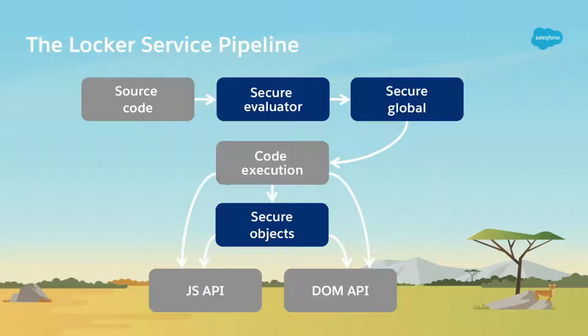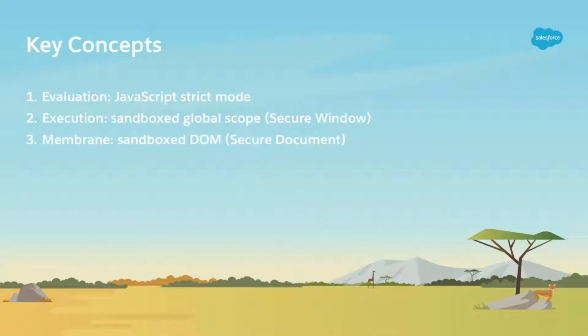And for the ones where we need to tweak a little bit in order to preserve the confinement of every namespace, we provide you with secure objects: objects where the methods have been tamed in order to maintain that confinement. Those three things, we're going to dive a little bit deeper into them. We're going to talk about strict mode and why it's enabled in Locker Service by default. And then we'll talk about two objects, the secure window and secure element, which enable these two things.